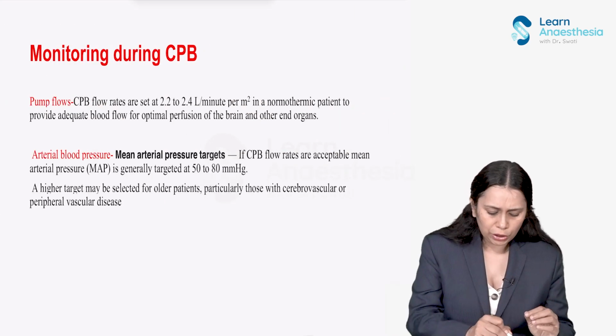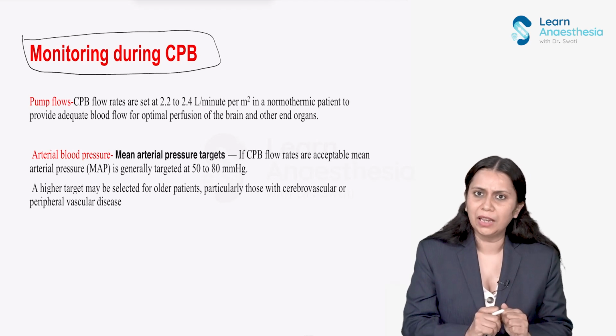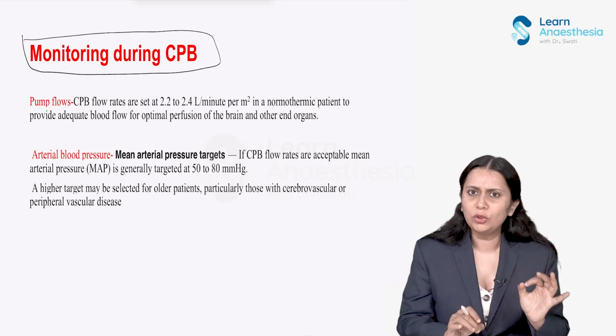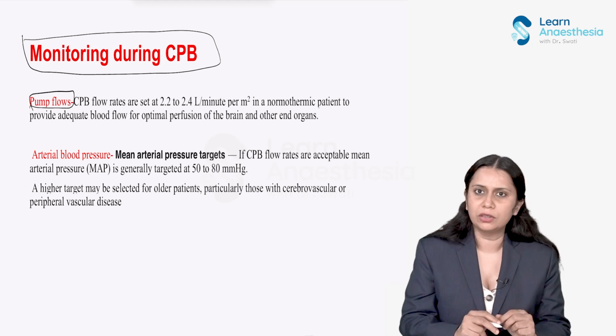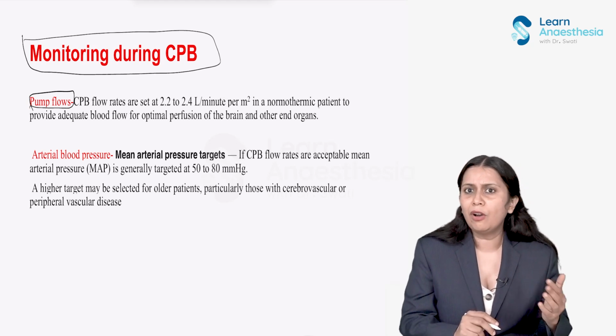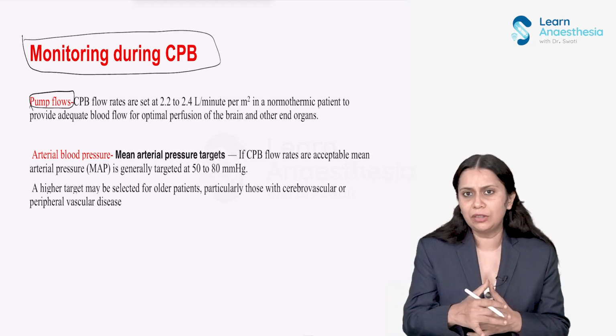Okay. Now, during CPB, what is the most important thing that we have to see? What is the most important monitoring we have to do during cardiopulmonary bypass? We have to see whether the pump flow is adequate or not. The pump is doing the work of the heart. So the flow of the pump has to be adequate, then only will oxygenated blood reach the body.